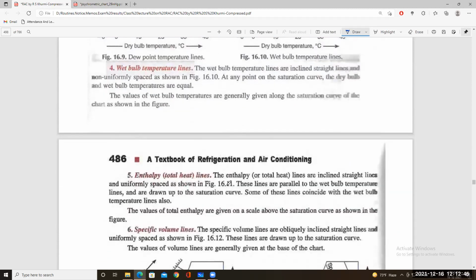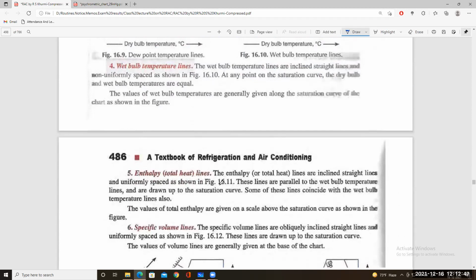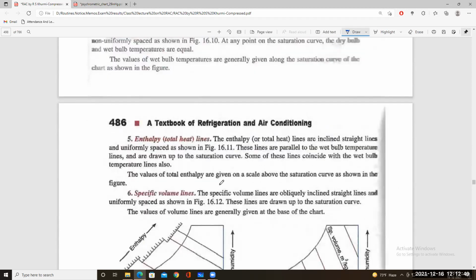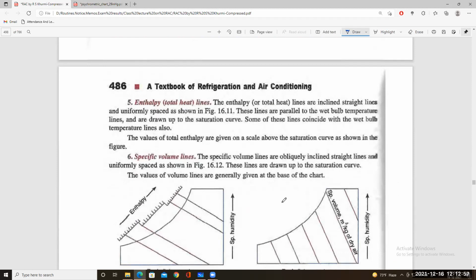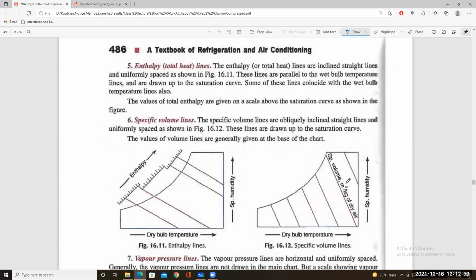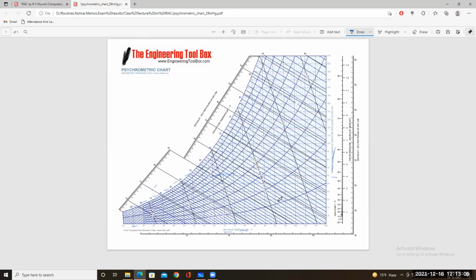Specific volume lines. Specific volume lines are obliquely inclined straight lines and uniformly spaced. This is the specific volume line, starting from the saturation curve here.